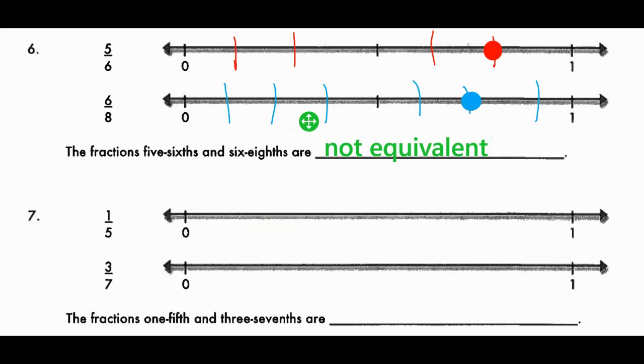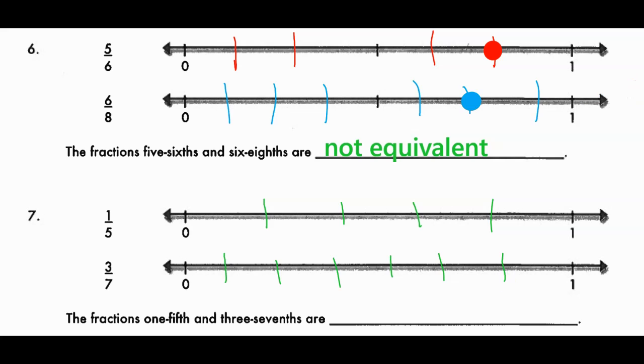Not equivalent. So 1/5. How many sections am I going to need? About like that. 3/7. How many sections am I going to need? About like that.